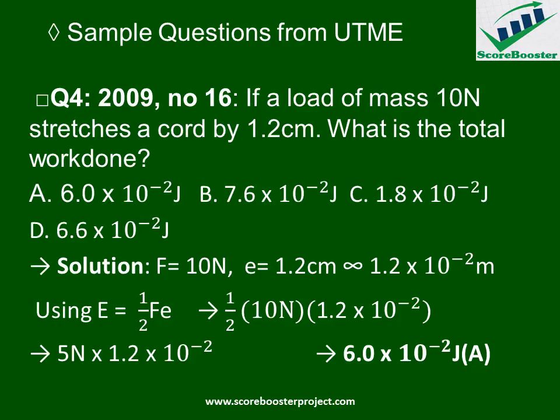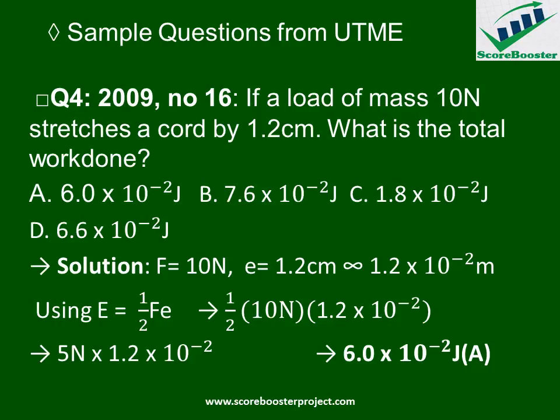We are given option A here to be 6.0 times 10 raised to power minus 2 joule, option B to be 7.6 times 10 raised to power minus 2 joule, option C is 1.8 times 10 raised to power minus 2 joule, while option D is 6.6 times 10 raised to power minus 2 joule.